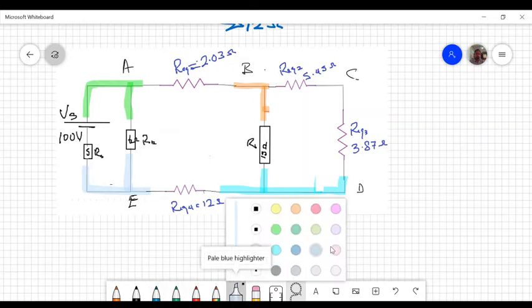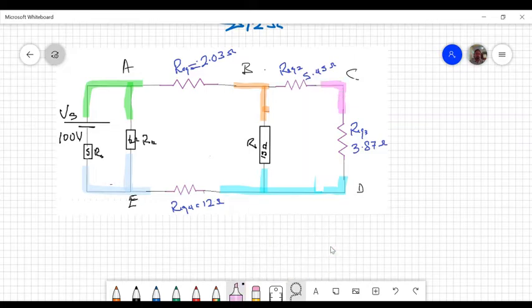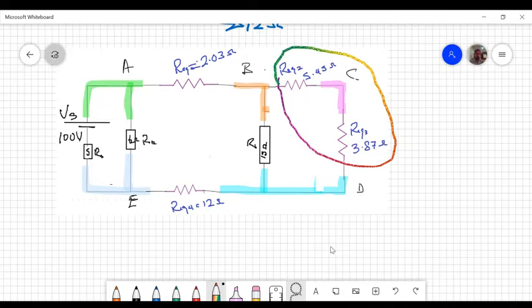Again, we study the circuit, analyzing it. We see that A, B, and C remain in the same place. But if you look very carefully, you will see that these two are in series. And that combination is in parallel with this 15 ohm resistor.